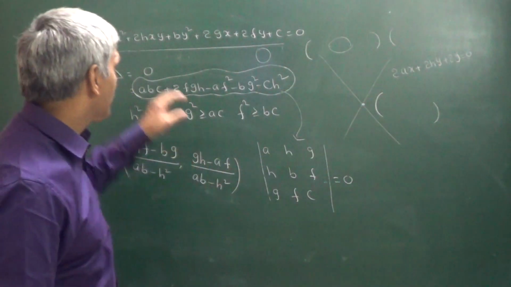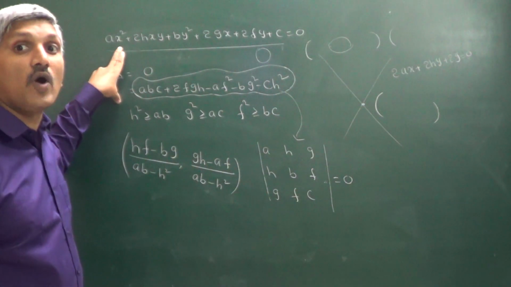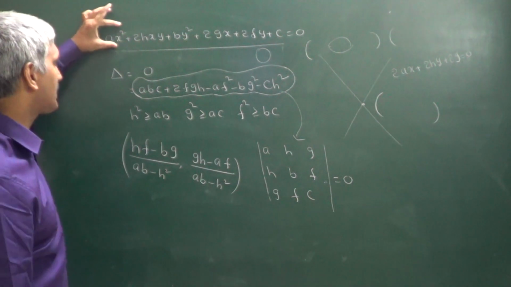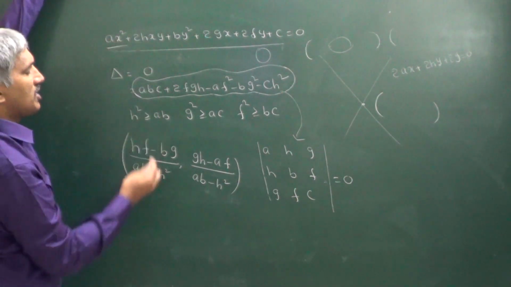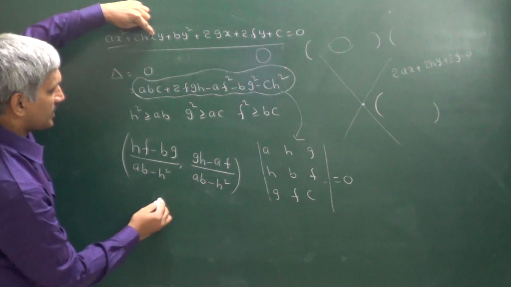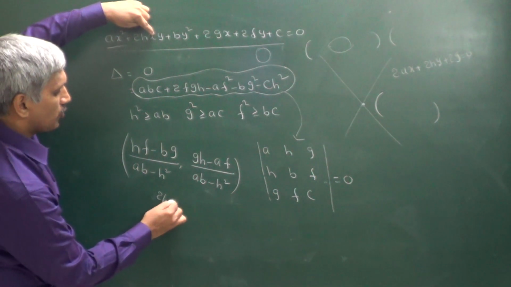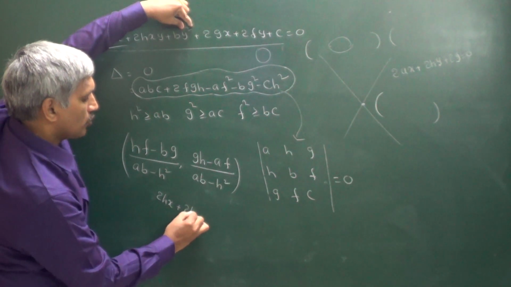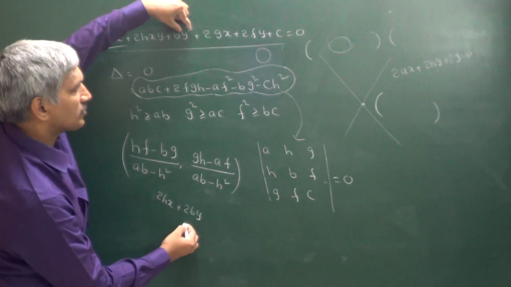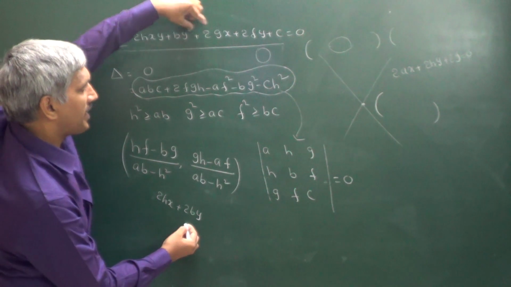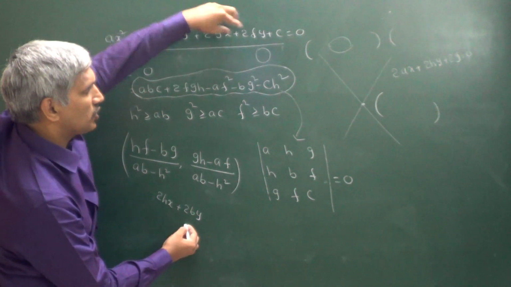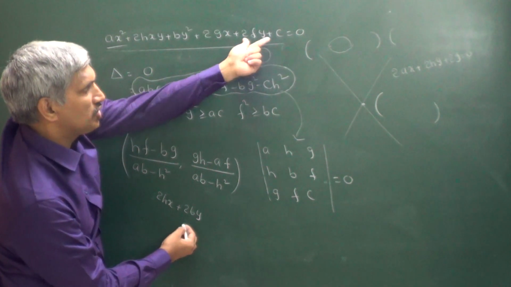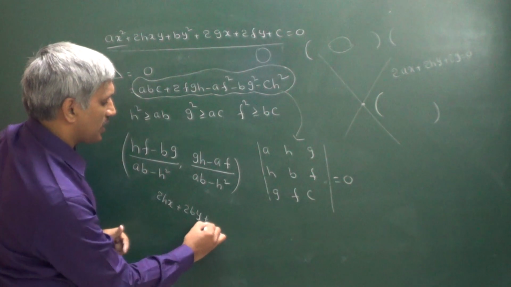Now again differentiate by treating x as a constant. Ax square becomes 0, 2hxy gives 2hx, by square gives 2by, the 2gx term gives 0, the constant gives 0, and 2fy gives 2f.